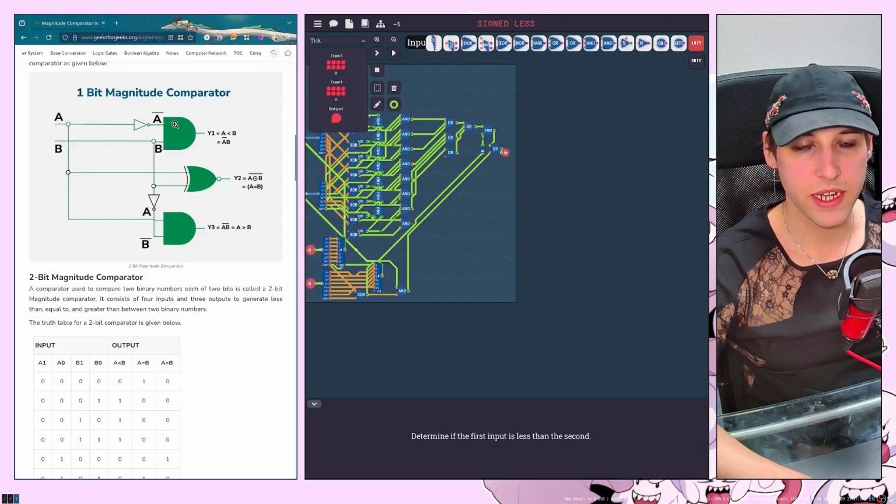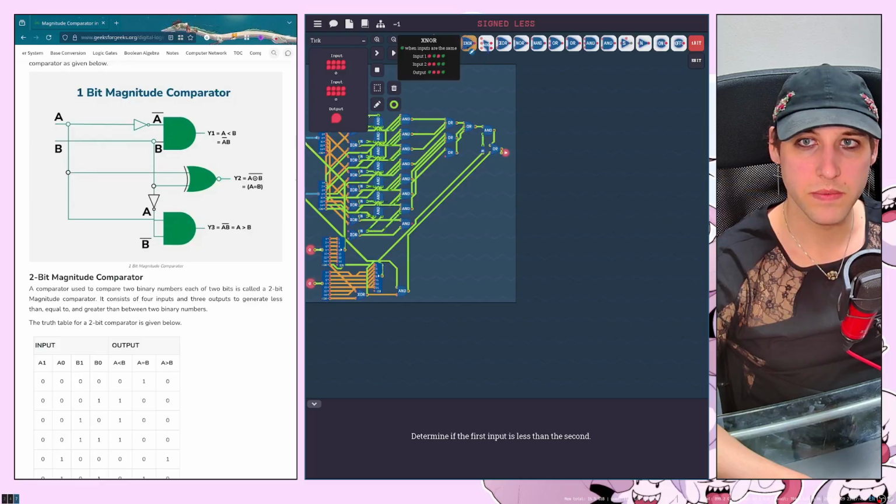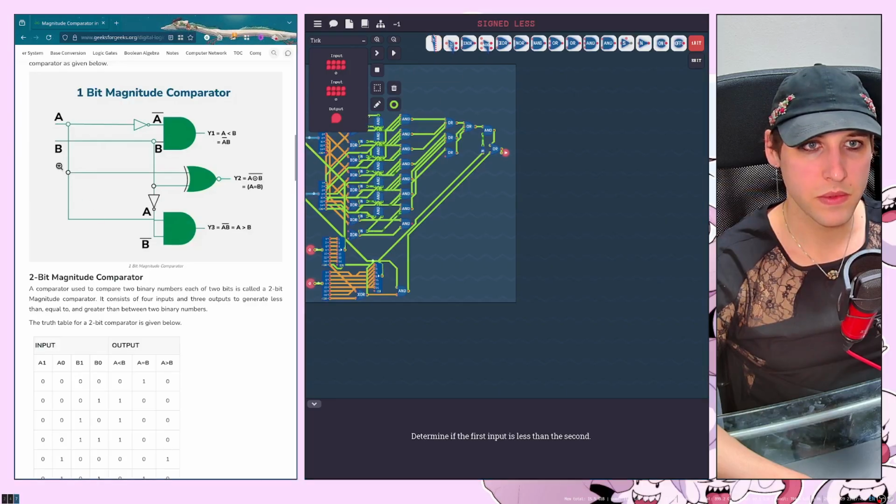If it is not A, and this is an AND, right? And it's B, B is greater, yes, of course. If they're equal, right? XNOR. We get the equality.